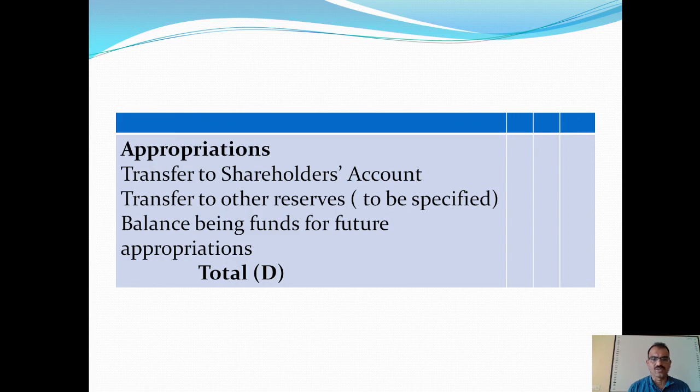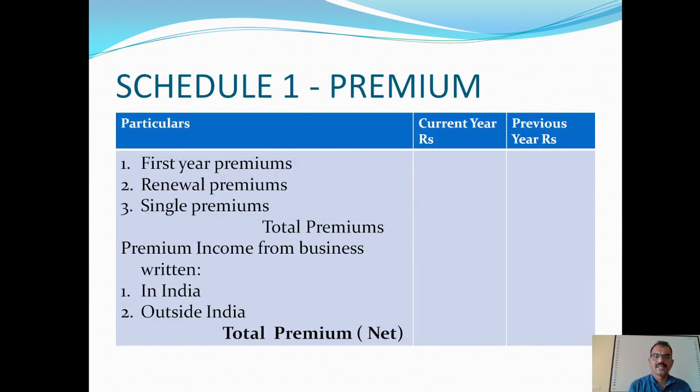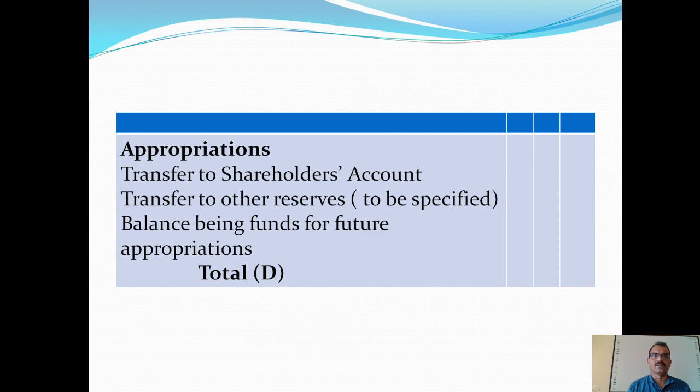So after transferring to the shareholders' account and to other reserves, the balance is funds for future appropriations. Then take the total. Okay, so this is the format of the revenue account of a life insurance company.